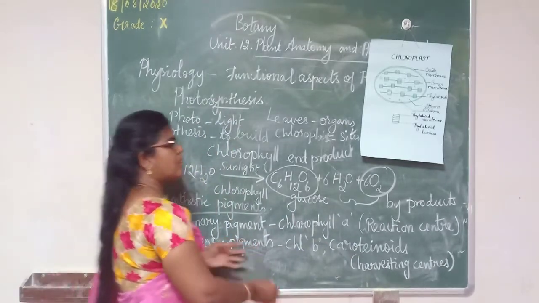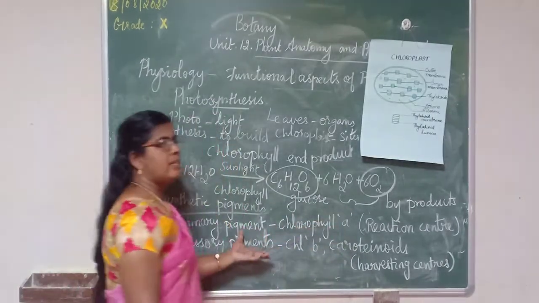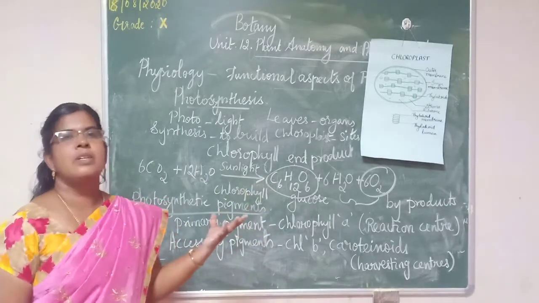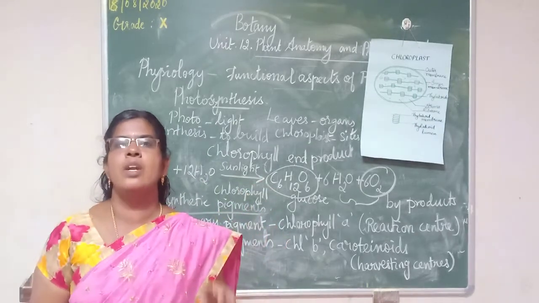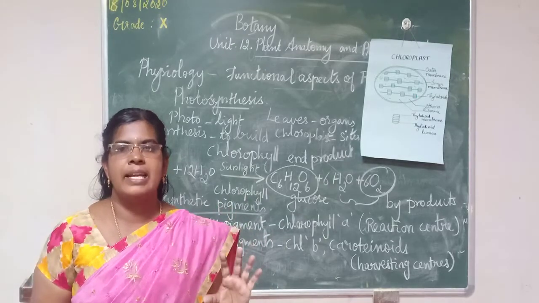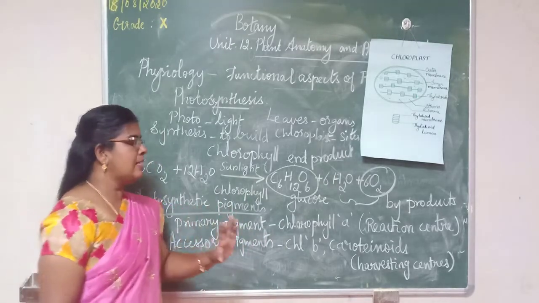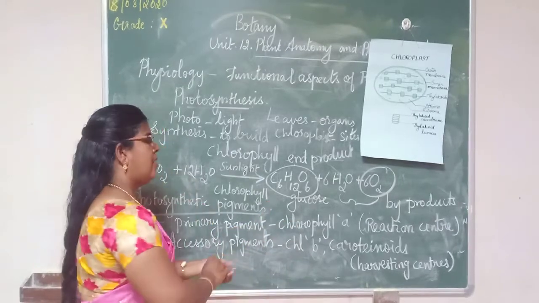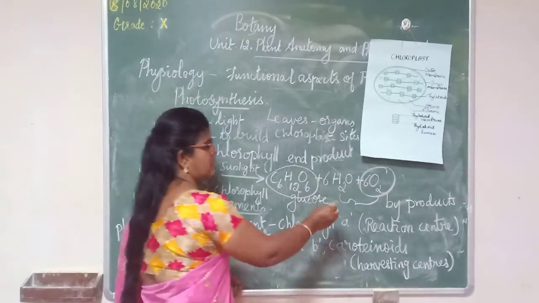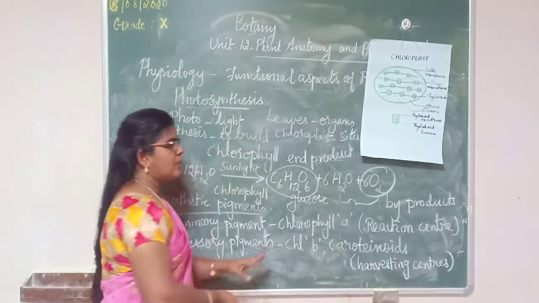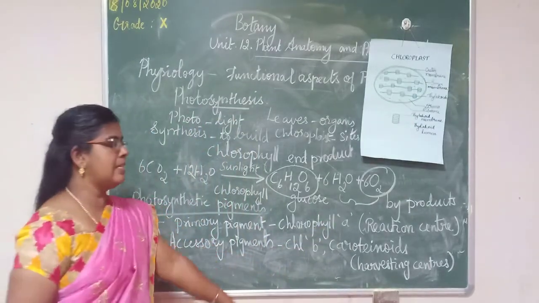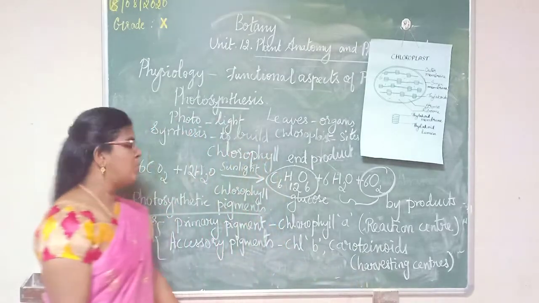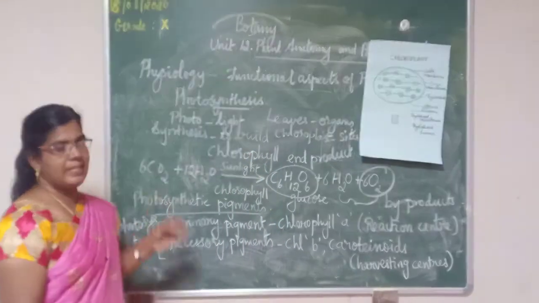So it is also called a reaction center. Then chlorophyll B and carotenoids, the pigments other than chlorophyll A, are called accessory pigments. These pigments absorb light energy and pass it on to chlorophyll A. So these are called harvesting centers. Reaction center and harvesting centers together are called photosystems.